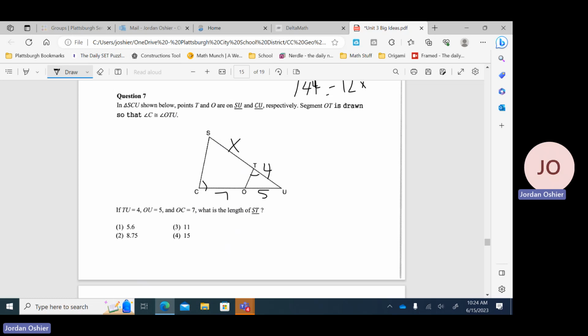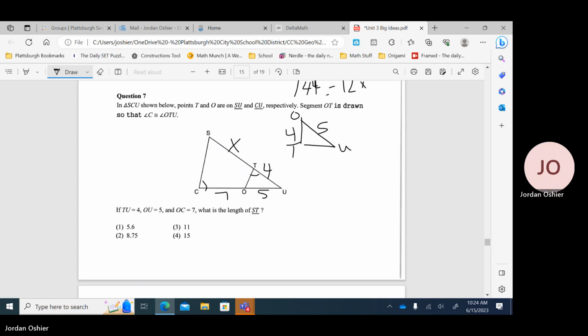I'm going to again redraw the other triangle, OTU, so that it looks like SCU. That should be a T, not a C, because it's a smaller triangle. There's T, and then I have O and U. So this is 5, and OT is 4.